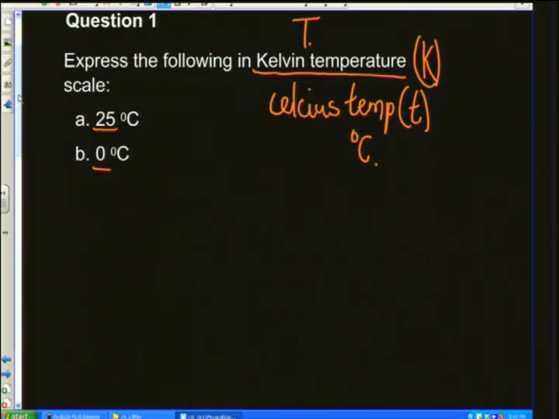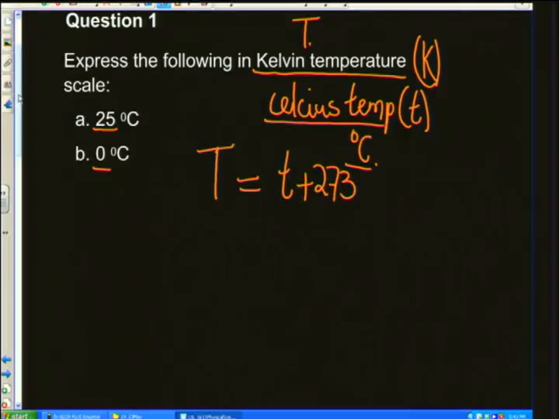Converting from Celsius temperature to Kelvin temperature, we will always do it this way. Kelvin temperature, T, will always be the Celsius temperature plus 273. That is your absolute zero temperature, and that will give you your temperature in Kelvin.